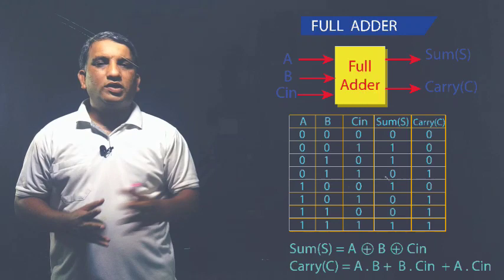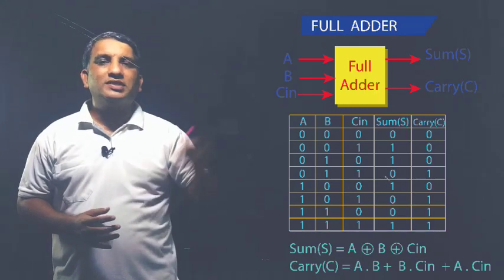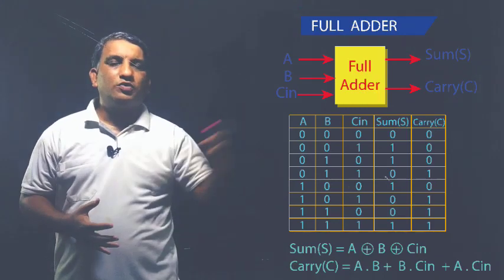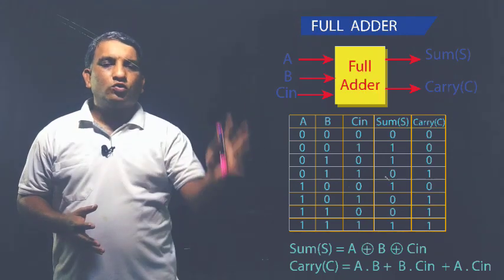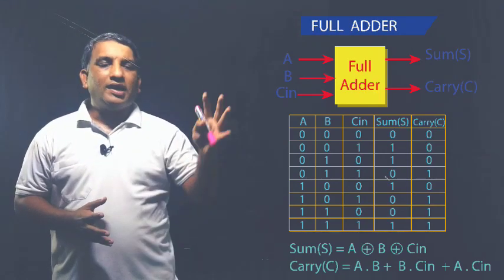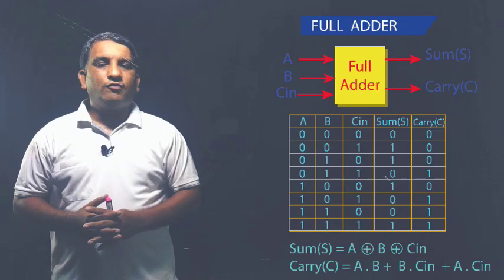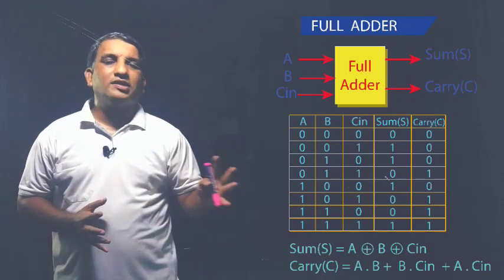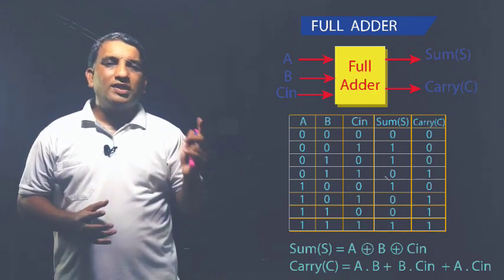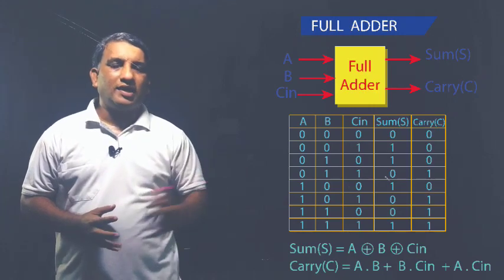You can observe the truth table. We have the 3 inputs A, B, C in, and the 2 outputs, sum and carry. By solving this truth table using the K-map, you will get the 2 output equations, one for sum and the other for carry.